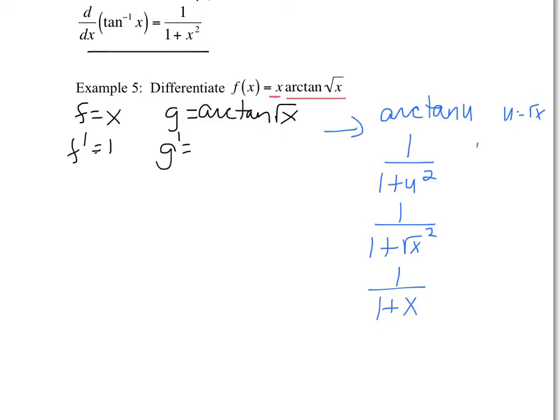Now let's do the inside function's derivative. We have learned from doing this over and over again that the derivative of the square root of x is just 1 over 2 square roots of x. All right, we need to multiply those two things together.